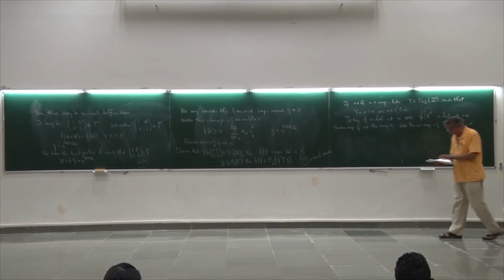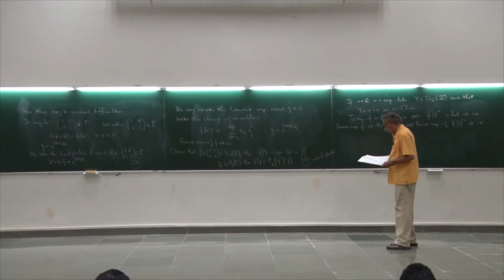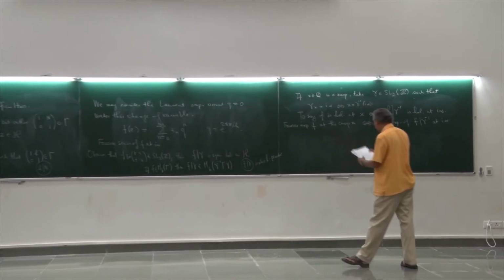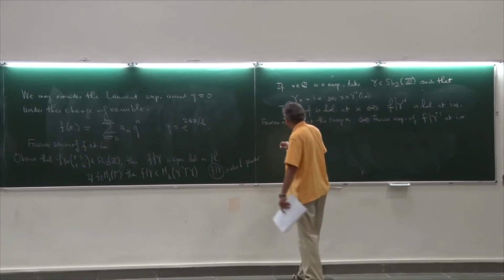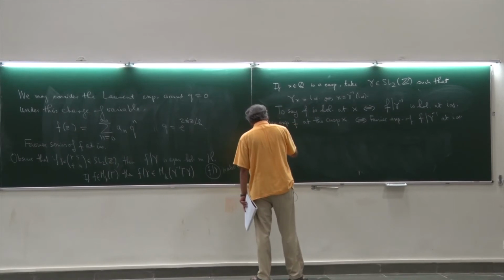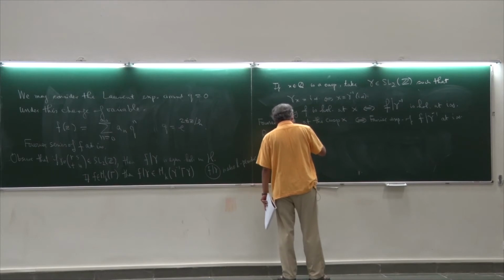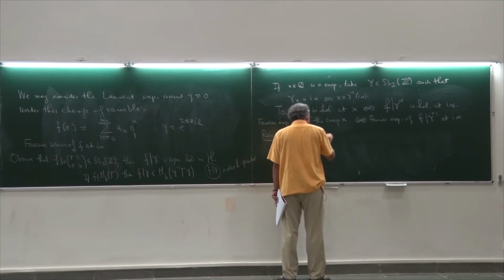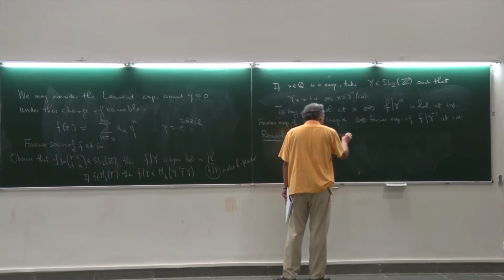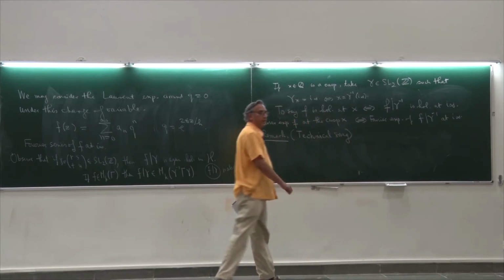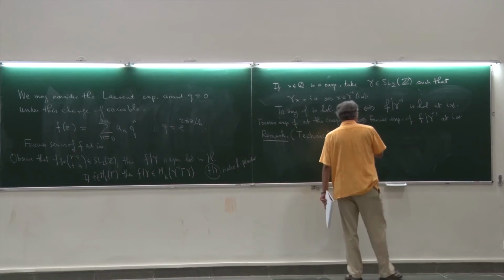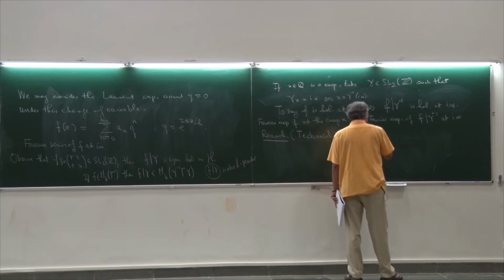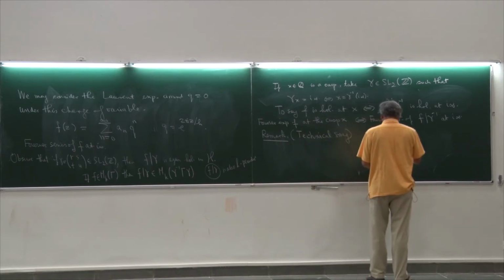Now, I've made a bit of an oversimplification. There's a small snag, but I'm not going to belabor this point. There's a small technical snag. Whatever I said is fine. There's only one small problem, and this has to do with the fact that minus the identity may not be in gamma.